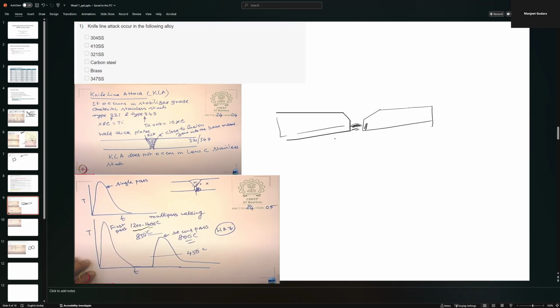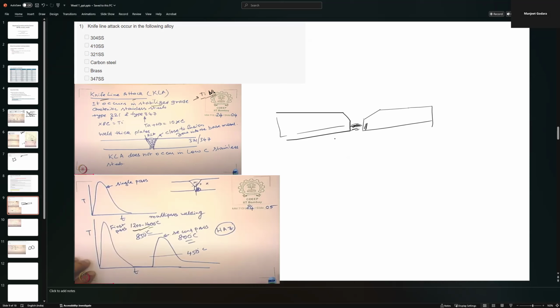This knife line attack happens in stabilized grade austenitic steels. Stabilized grade is where you have titanium or niobium added to form carbides. These carbides lock the carbon and don't allow chromium carbide precipitates to form.